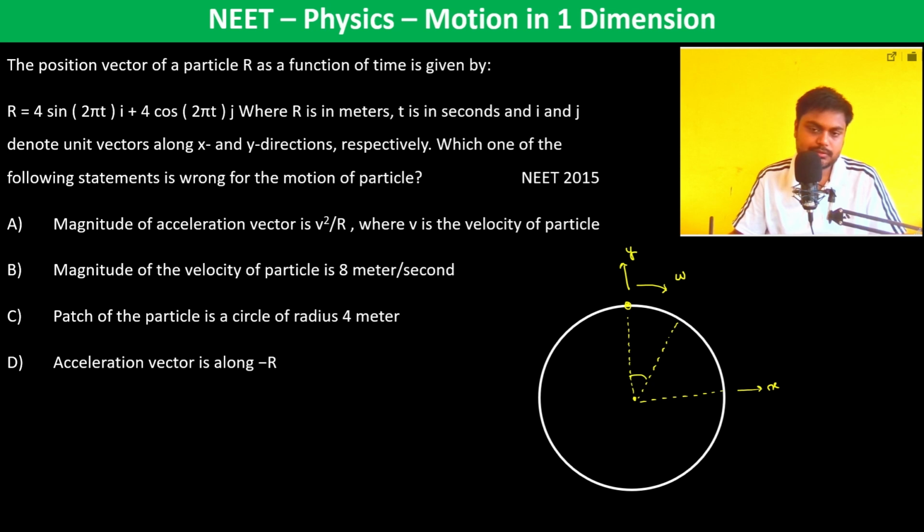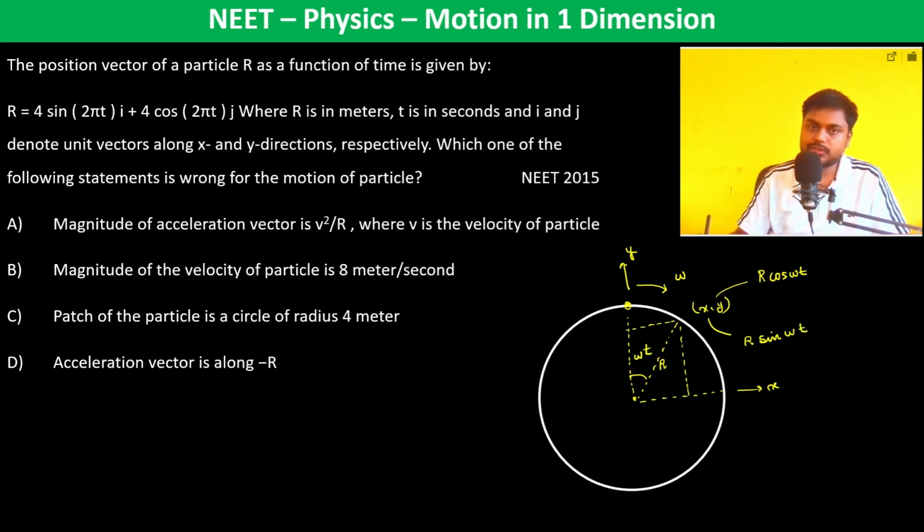Now this is theta, which is omega t. So x and y coordinates, we can see here, this is r. So y coordinate is r cos omega t and x coordinate is r sine omega t.